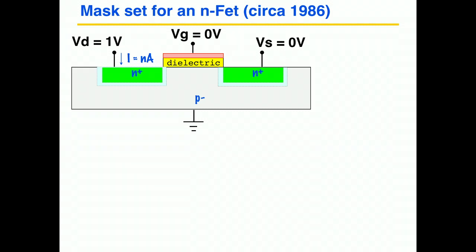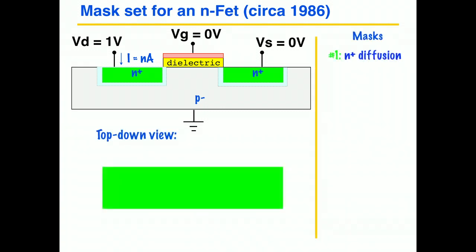And we expose light-sensitive materials, and that's what we can use for patterning the different shapes on the surface of the chip. So the masks that we use to fabricate this NMOS transistor: first mask is the N plus diffusion mask. And this is a mask that's used for defining these regions here, and from the top view, it would look like this big rectangle here.